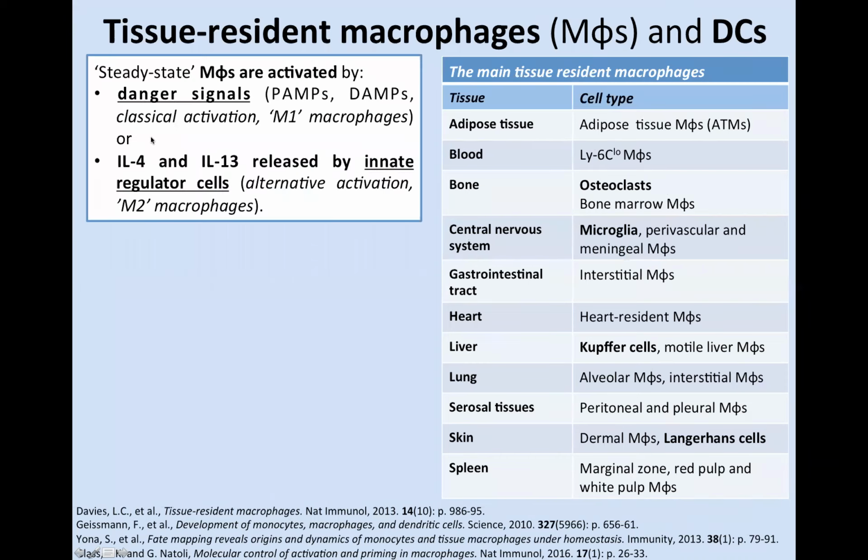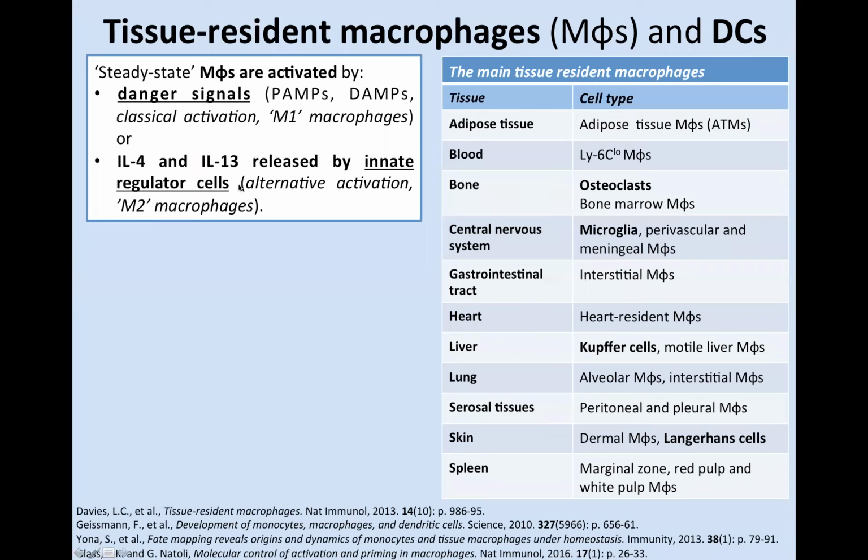They will sense the danger signals, and that's how they will be turned on. They will be activated and start up the inflammatory reaction. There is also a secondary alternate activation process, which is involved in the activation of the wound healing, the later stage of the inflammatory process.